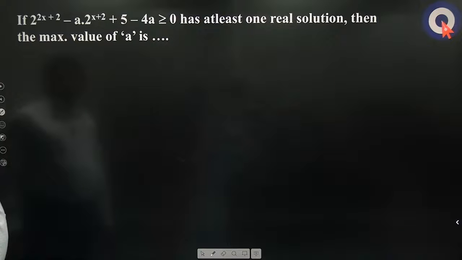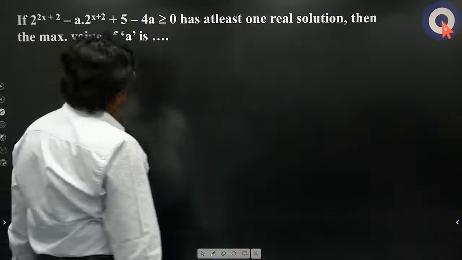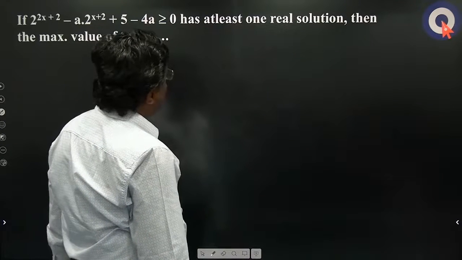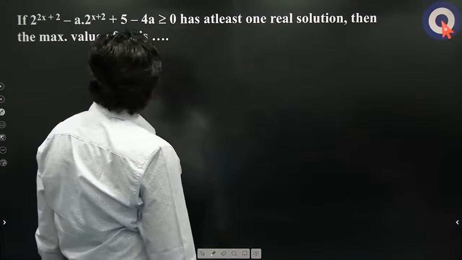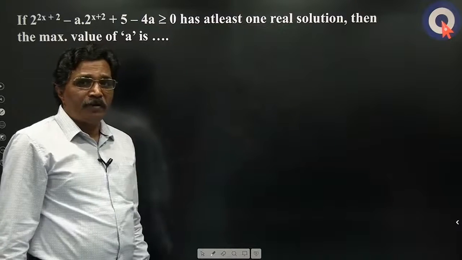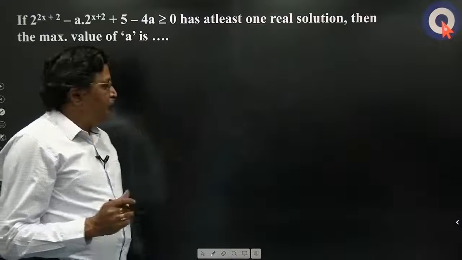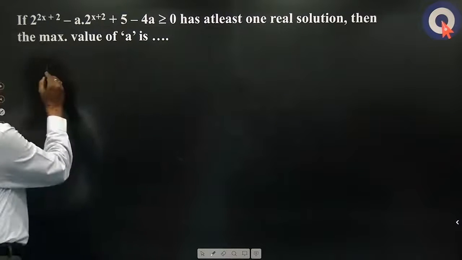If 2 power 2x plus 2 minus a into 2 power x plus 2 plus 5 minus 4a greater than or equal to 0 has at least one real solution, then the maximum value of a is. A little unconventional method we shall apply here.